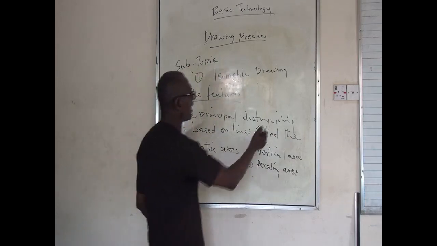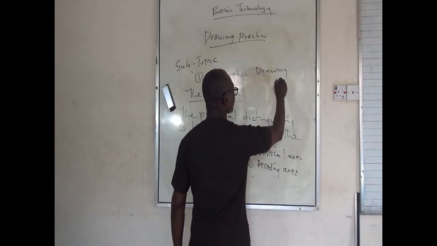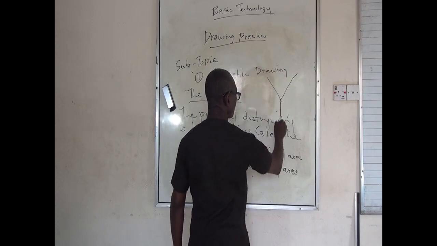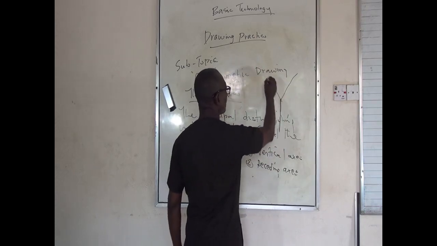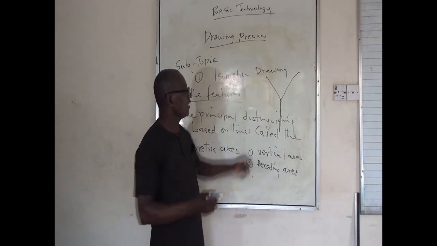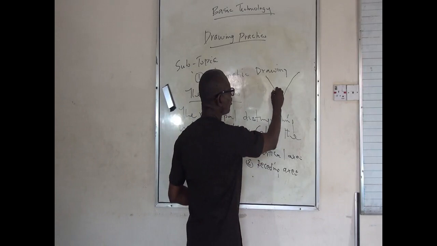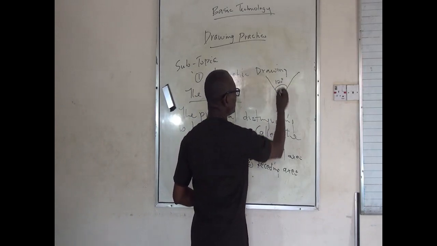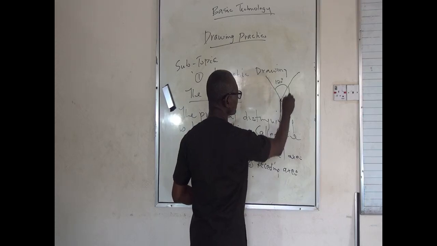And you can see the diagram here on the board. The axes are at an angle of 120 degrees to each other.